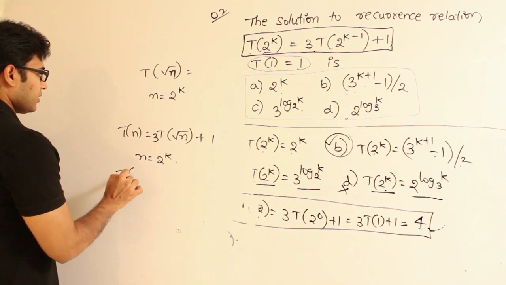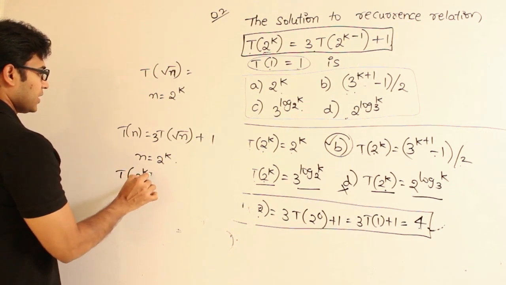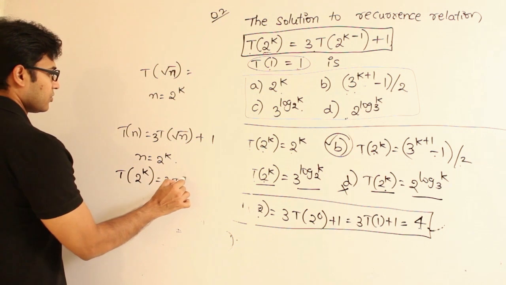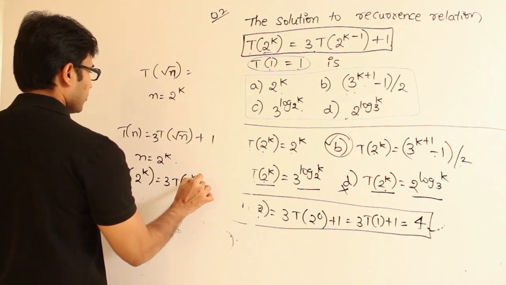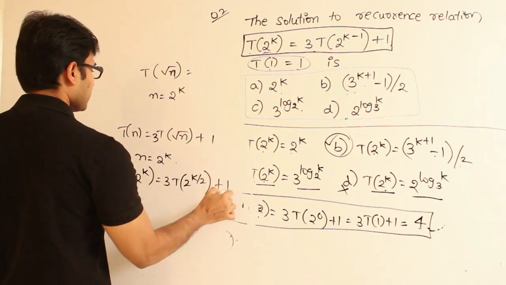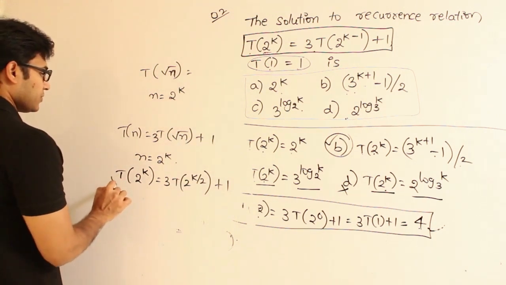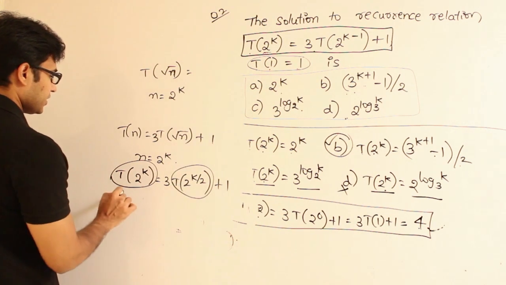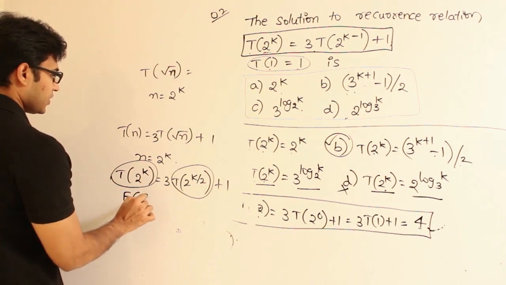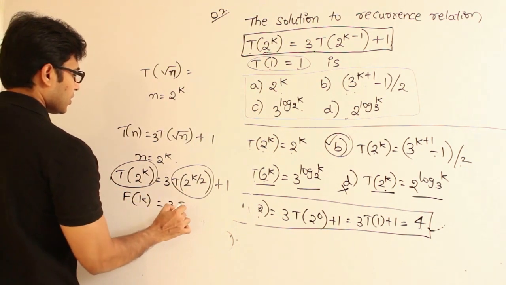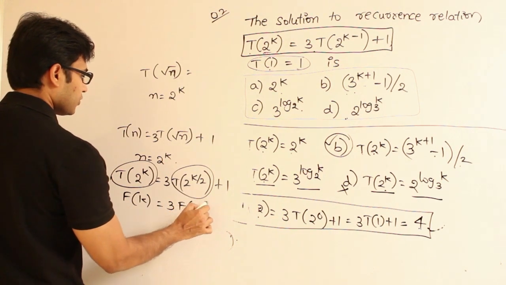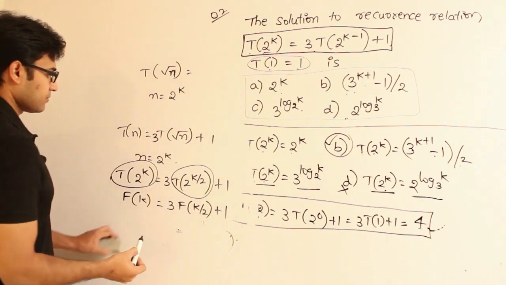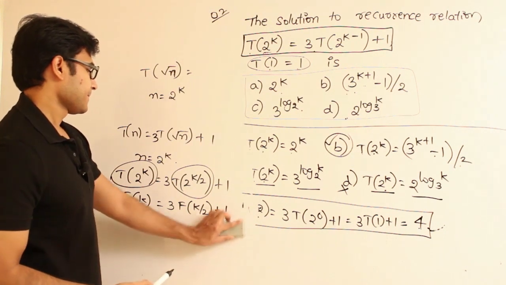Then we get t of 2 power k equal to 3 into t of 2 power k by 2 plus 1, right? Now if you assume that this is a function of k, then this is a function of k by 2, isn't it? Then you can write like this: f of k equal to 3 into f of k by 2 plus 1. Done, isn't it?